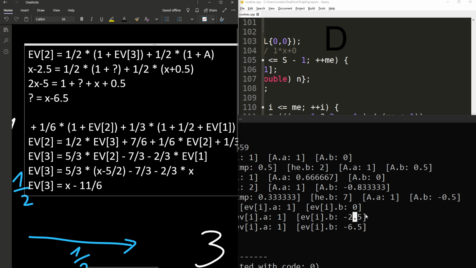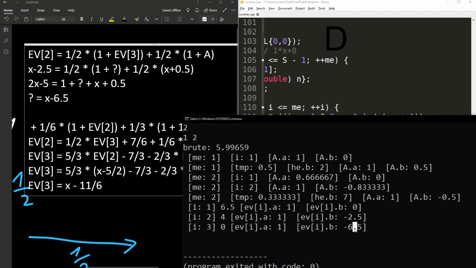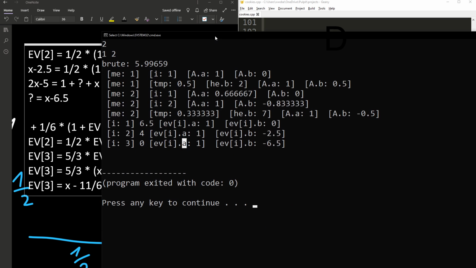X minus 5 minus 1 minus 6.5. Damn it. And from this, if this must be equal to 0, we get what x is. And it turns out that this is 6.5, this is 4, and this is 0.